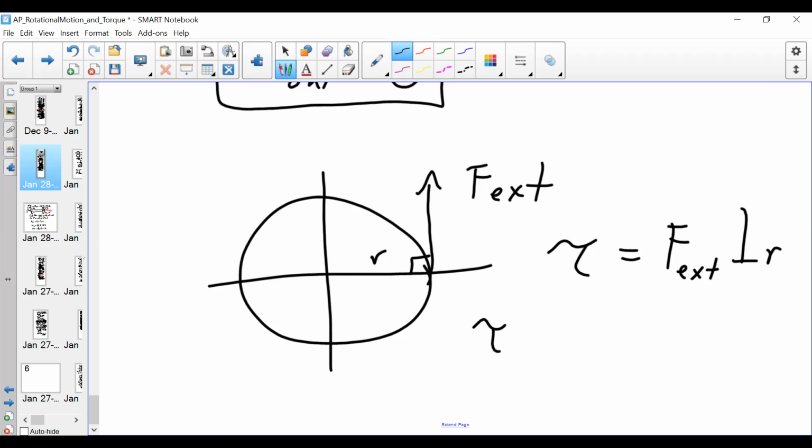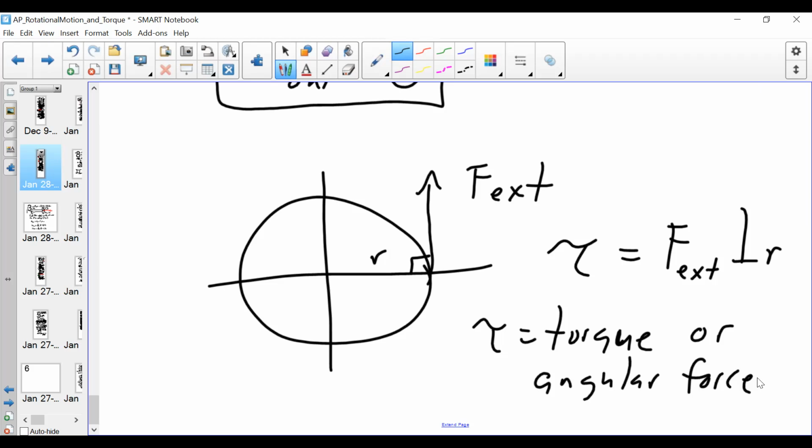So tau is torque, or angular force. We have angular velocity, angular acceleration, angular force, and this angular force or torque is also with respect to the center of the circle, or at the axis of rotation.